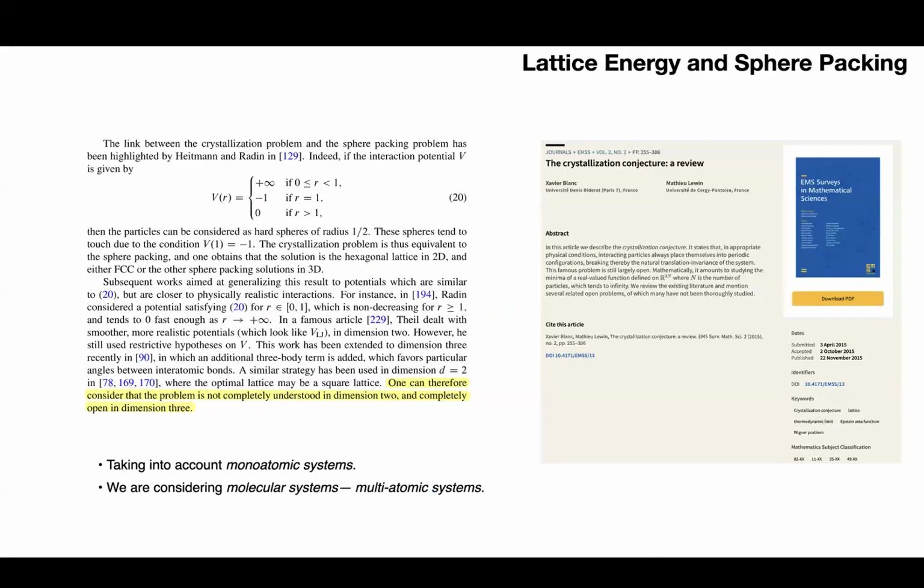A big part of my work is trying to understand the relationship between lattice energy and sphere packing.